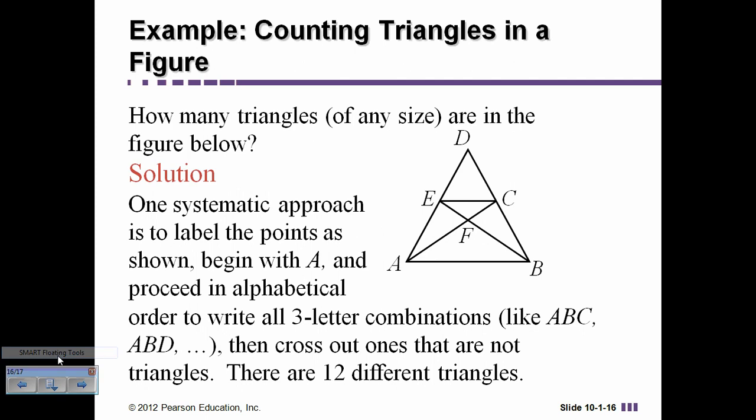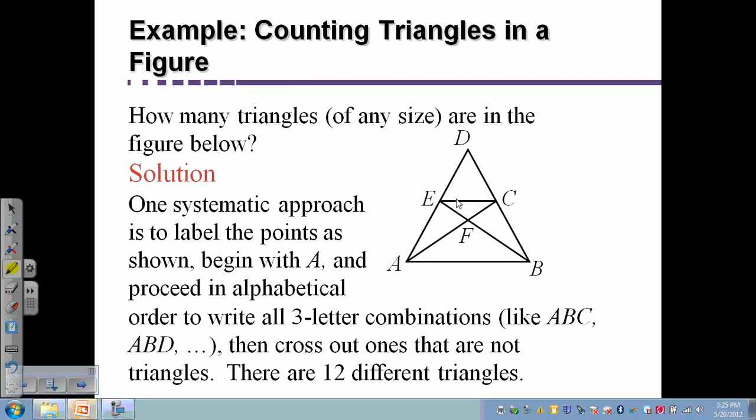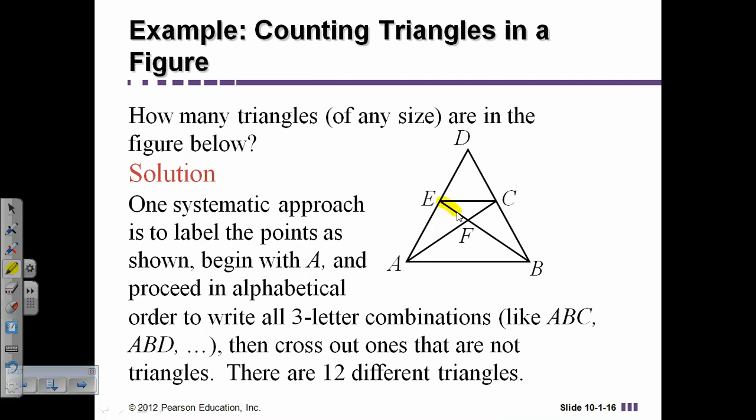So a better example might be to look at this and say, how many triangles do we have in there that have one region? So for example, AEF, let me highlight that. AEF is a triangle with one region. There's only one area in there. And DEC has only one region.